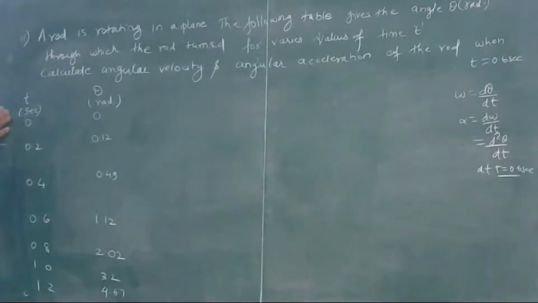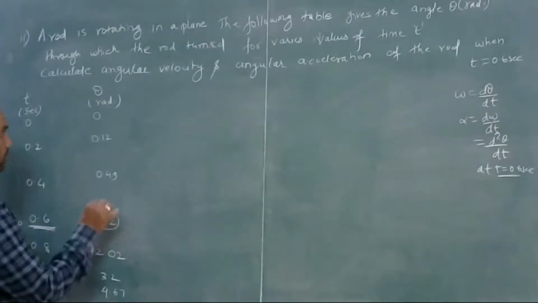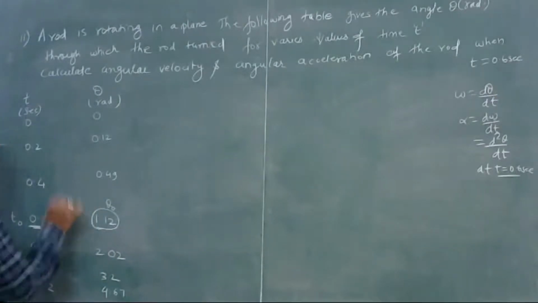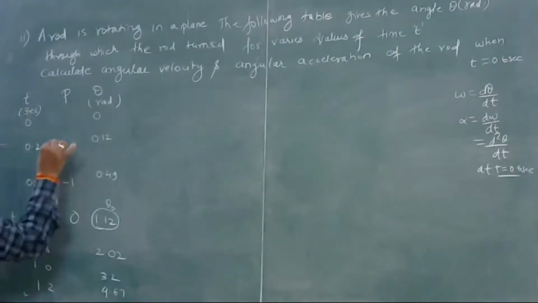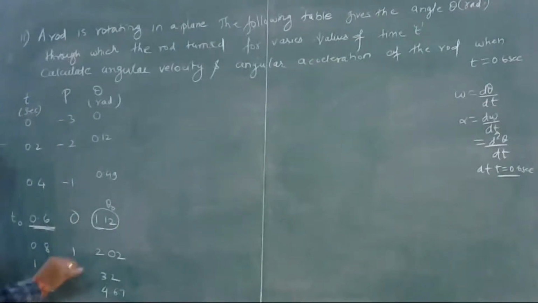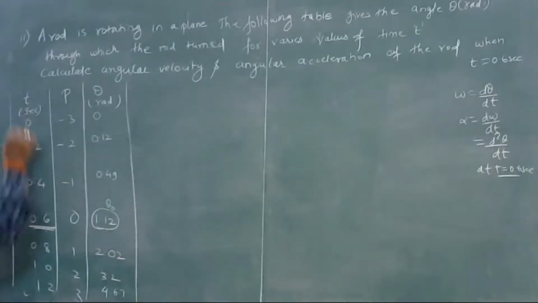Okay, so from the table, it is quite obvious 0.6 is lying in the middle of the table. Okay, so this will be t naught. Okay, so correspondingly, this will be theta naught. Okay, and we will write p, so this will be 0, minus 1, minus 2, minus 3, 1, 2, and 3. Okay, so you have to prepare this table like this.